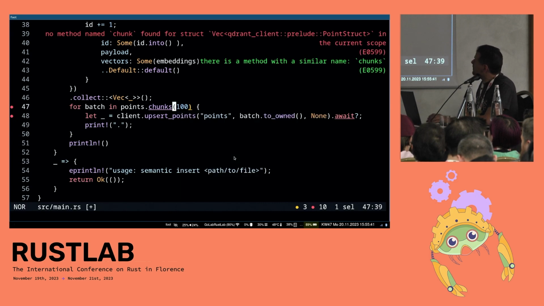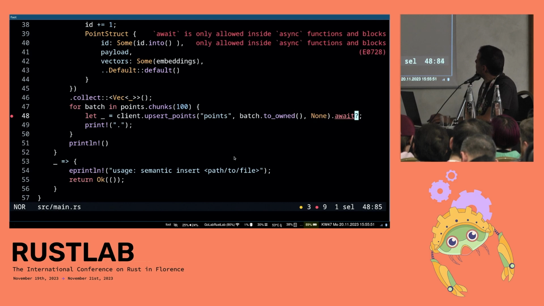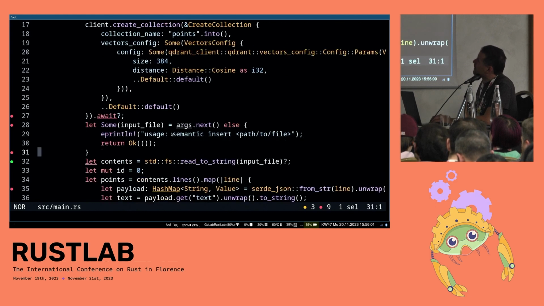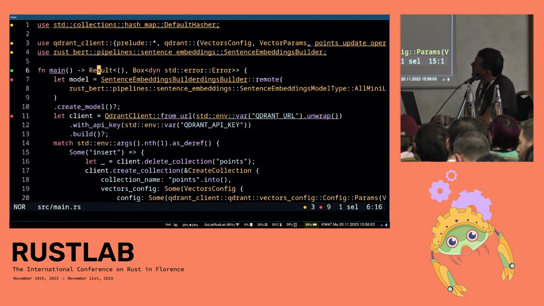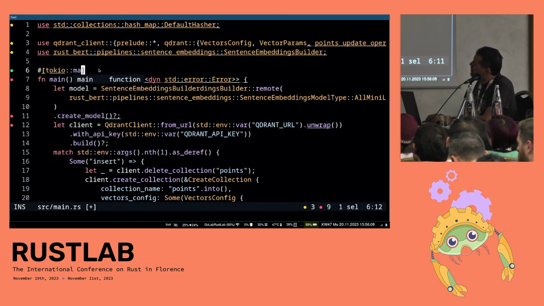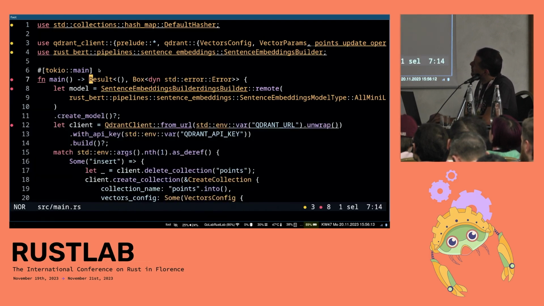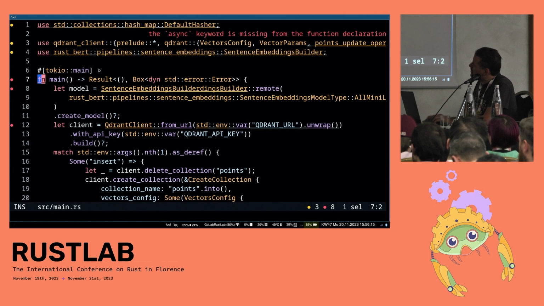The S is missing here. Now we see that we need to be async, which we will just become by using the Tokio main attribute. And we also need to make it async.